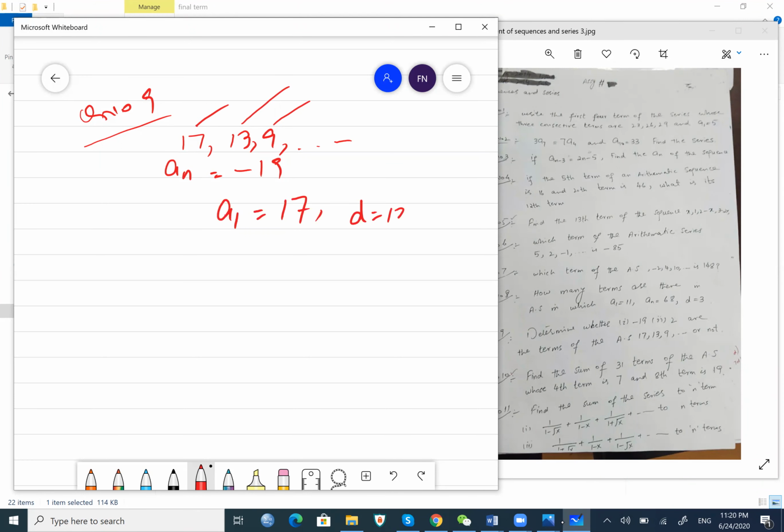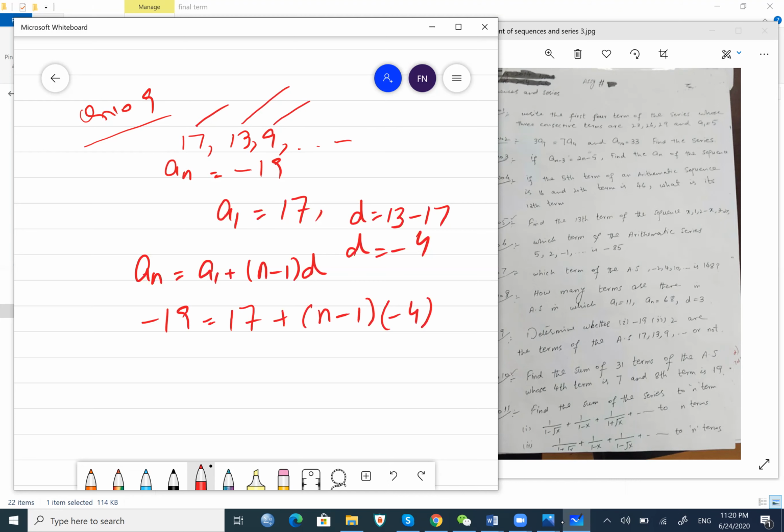The common difference is 13 minus 17, which is minus 4. So D is minus 4. AN is A1 plus (N minus 1) times D, and AN is minus 19. A1 is 17 plus (N minus 1).